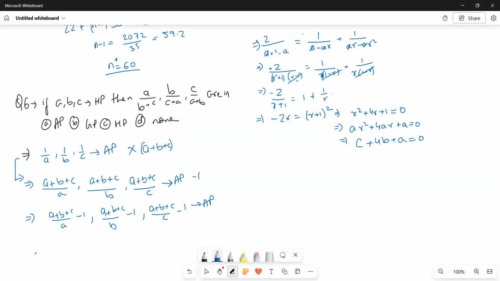We are using the properties. So अब इसको LCM लेके solve करेंगे, तो this becomes B plus C by A, this becomes A plus C by B, and ये हो जाएगा A plus B by C are in AP. But if these values are in AP, what will happen to the reciprocal? HP. So the answer is the values are in HP.